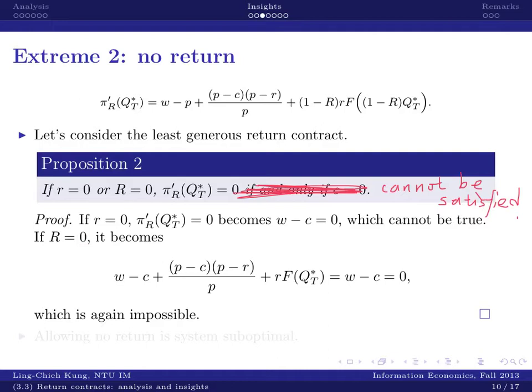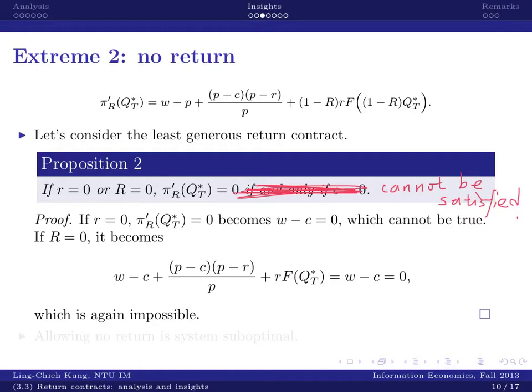I mean capital R. In that case, what you will get is this term will be cancelled, and you still have r times F of Q_T star, and then the first part does not change. Okay. You have this, and then what you need to do is to plug in capital F of Q_T star.